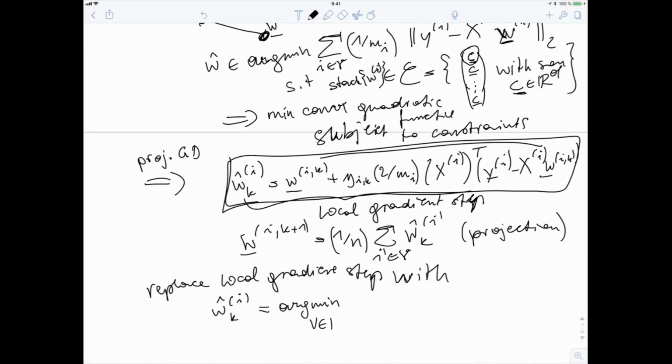So we optimize. Of course, we want to optimize the local loss. So there must be somewhere the local loss again. But we also need to ensure that the update is not too far away. We don't want to make too big of a step or jump because we only approximate local approximations.